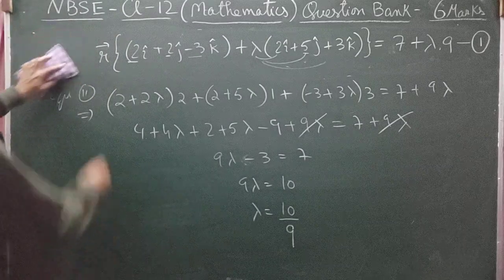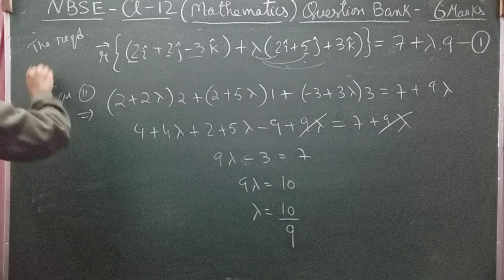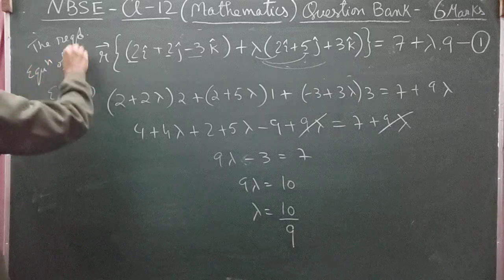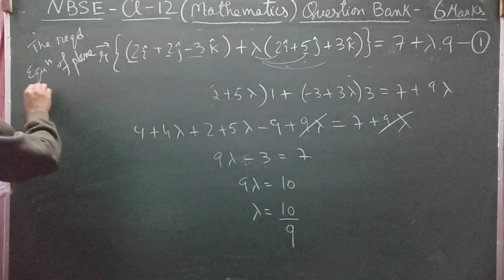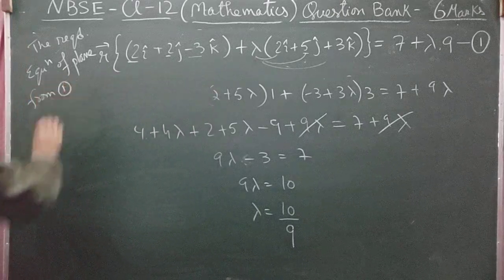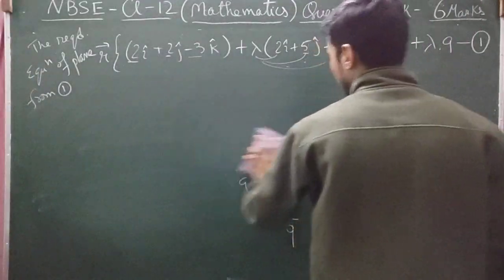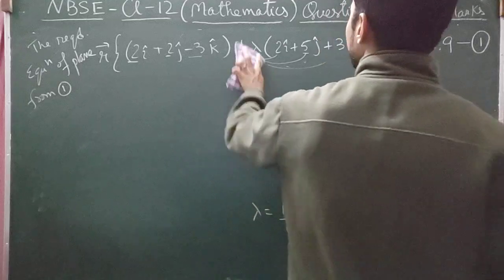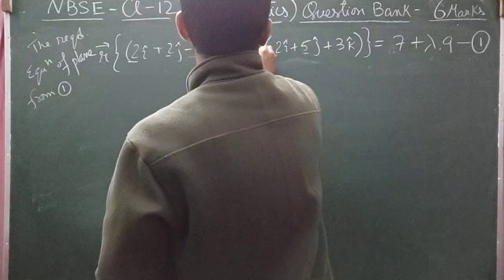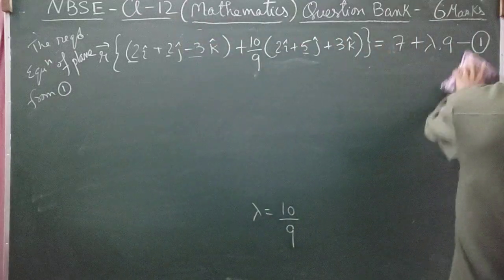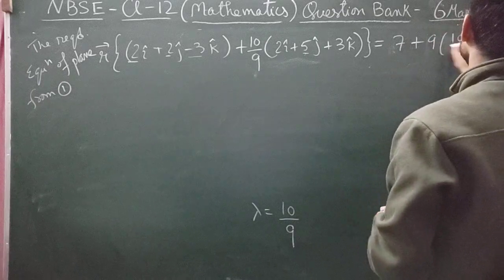So now we'll go back to equation 1. Therefore, the required equation of plane from equation 1, instead of just lambda, we are going to substitute 10 by 9. Here also 9 into 10 by 9.